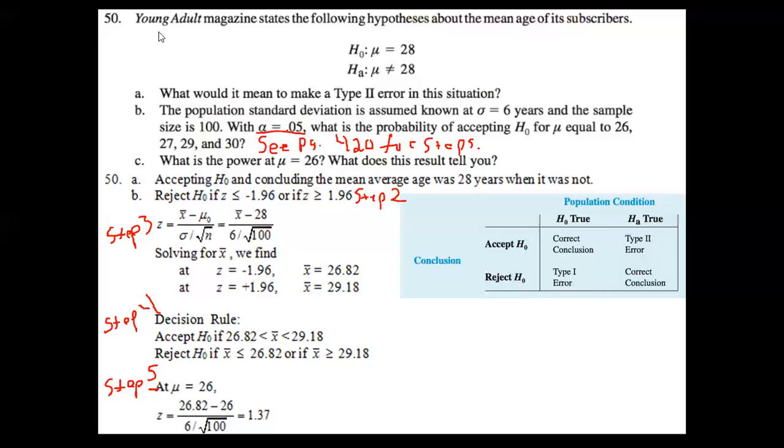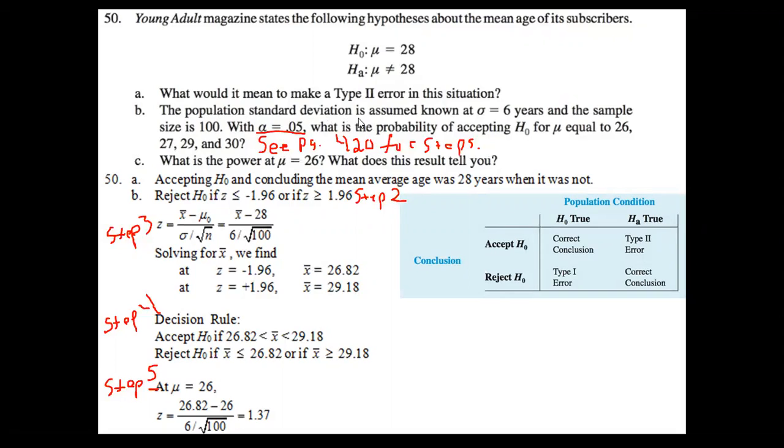All right, so the next one. Young Adult Magazine states the following hypotheses about the mean age of its subscribers: mu is equal to 28 for the null, and mu not equal to 28 for the alternative. What would it mean to make a type 2 error in this situation? I brought the table back over here in case we forgot that type 2 is we accept H0 when HA is actually true.